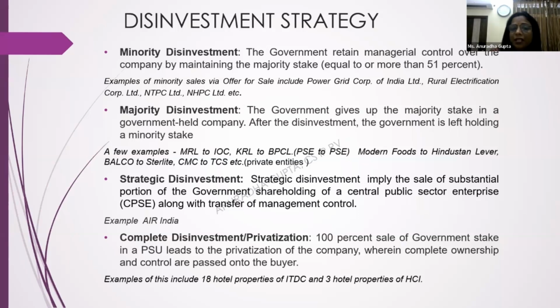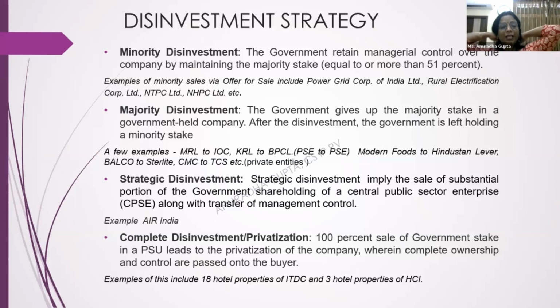So once that 26% is offered to the public, the remaining is with the government, right? And along with that, they are also giving the management control. If you have an idea about the SEBI laws, 26% and above triggers the takeover code. So in that process, once a party takes the 26% stake, they also have to comply with the takeover code by giving a public offer, right?